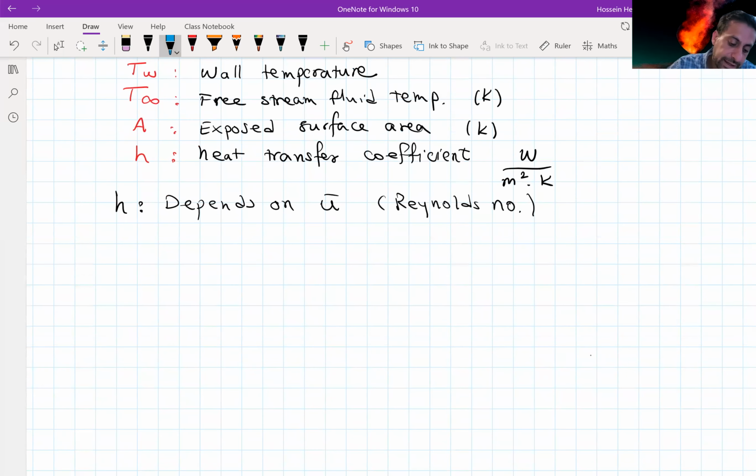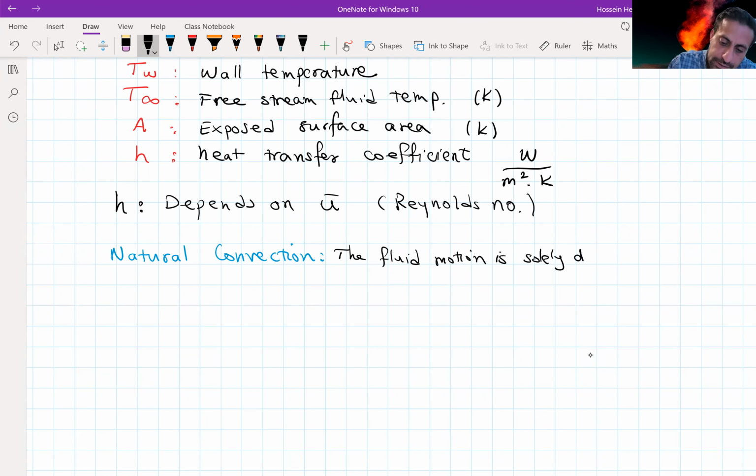So we can have different modes of convection, which is natural convection, where the fluid motion is solely due to buoyancy.